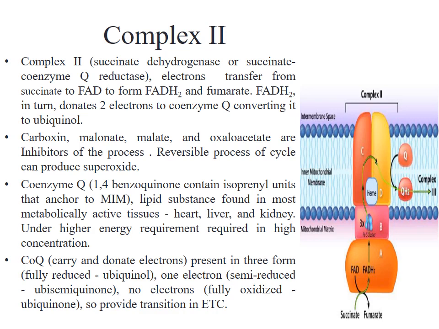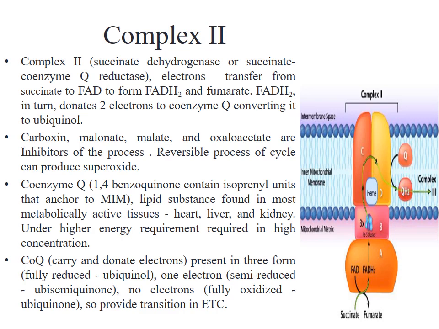Coenzyme Q, also called 1,4-benzoquinone, contains isoprenyl units that anchor to the mitochondrial inner membrane. It is a lipid substance found in most metabolically active tissues like heart, liver, and kidney, which need higher energy, and it is required in huge concentration under high energy requirements.